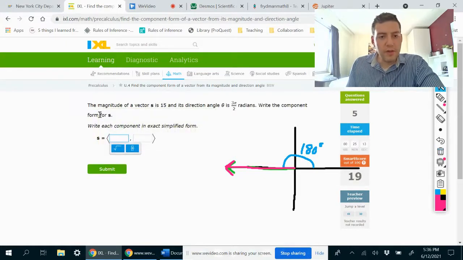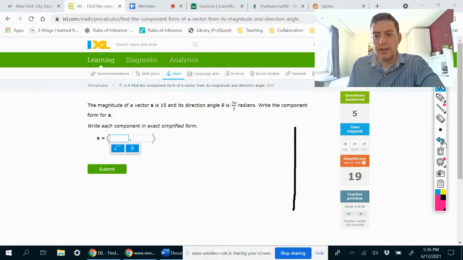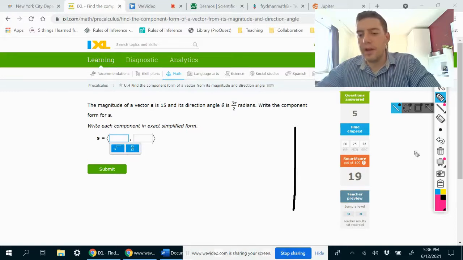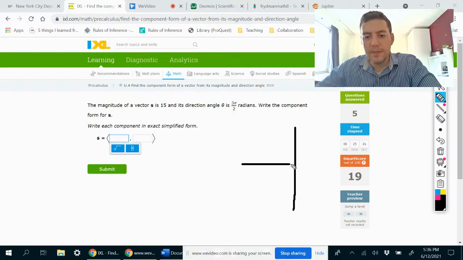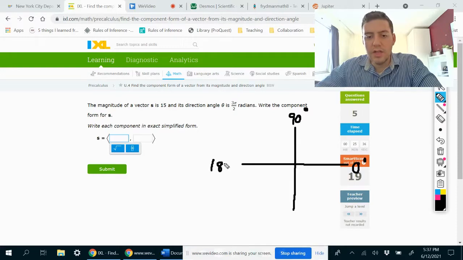Okay, the magnitude of a vector S is 15, and its direction angle is 3 pi over 2 radians. So I hope you remember radians. Let me write the degrees and radians on this. So this is 0 degrees, 90 degrees, 180 degrees, 270.